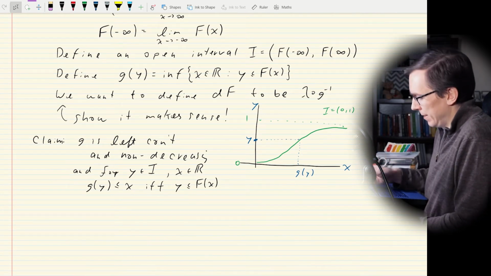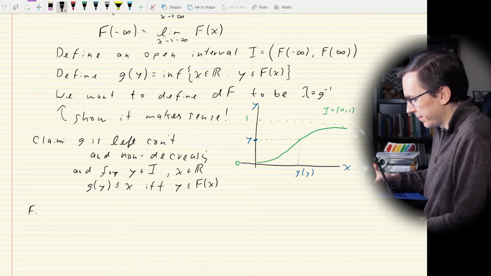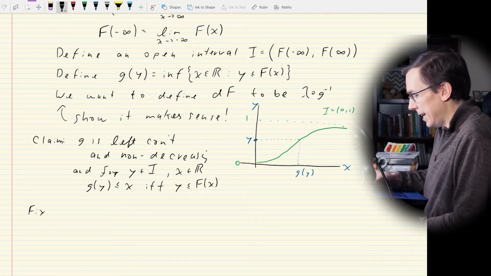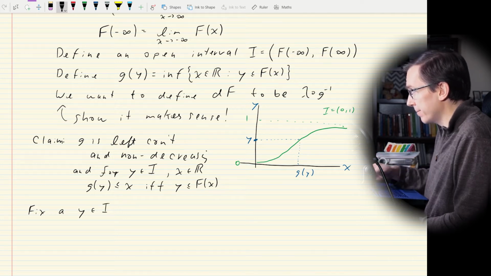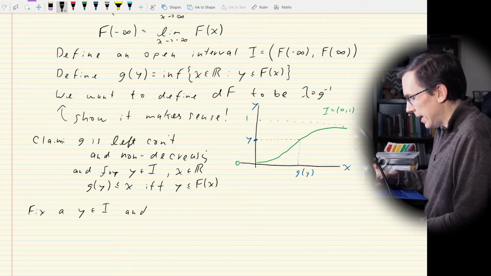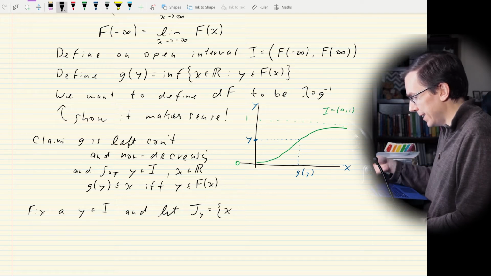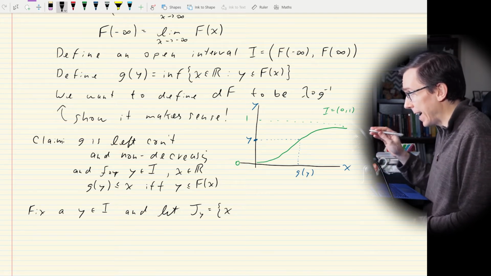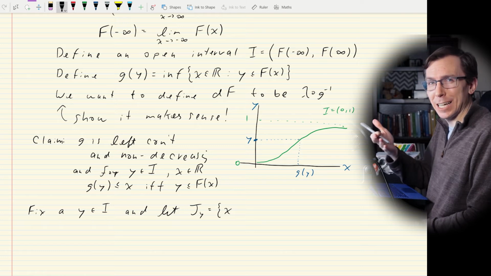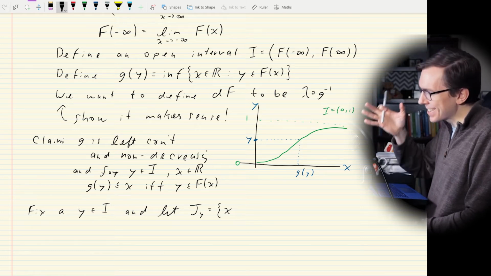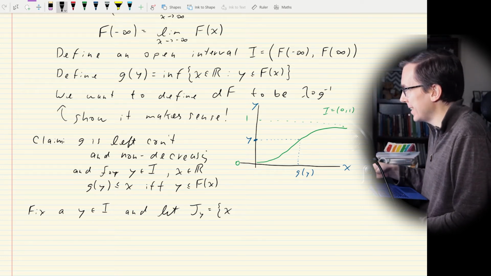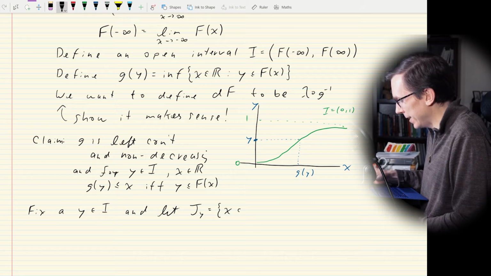Well, first, let's fix a y in the interval I. And let J_y be the set of x, so it's a subset of the real line, the horizontal axis in this case. I like to think about horizontal or vertical axis just so I can remember where all these crazy sets are going to be.